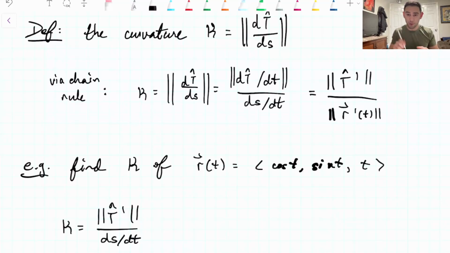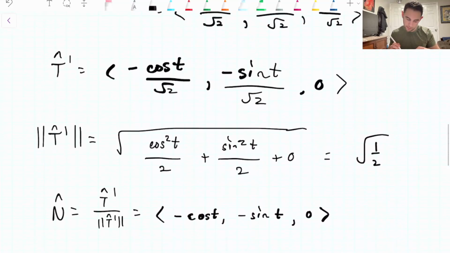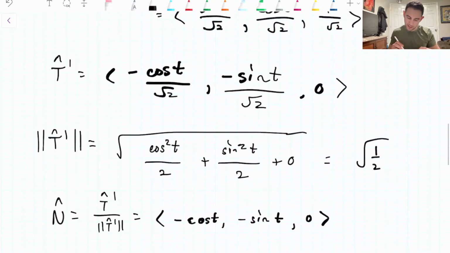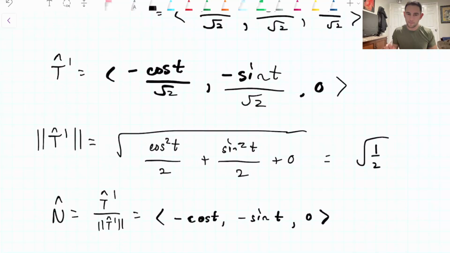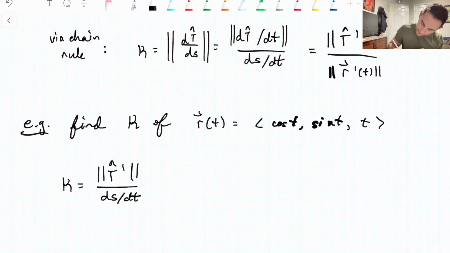So I have both of these already computed just a little north in the OneNote. So let's go see. Here's t hat prime. Here's t hat prime in magnitude. It was square root of 1 over 2. Square root of a half. So t hat prime in magnitude was 1 over square root of 2. ds dt was the speed.